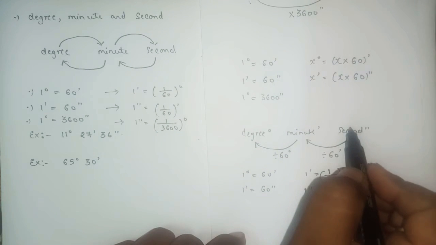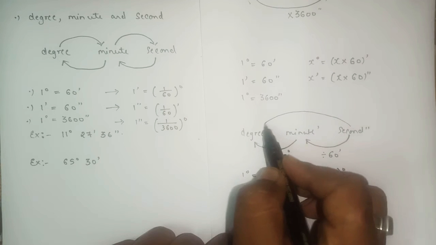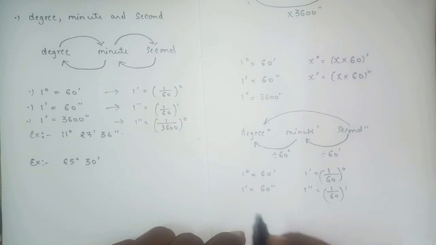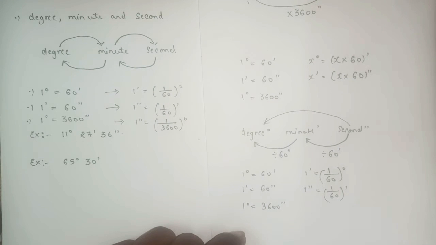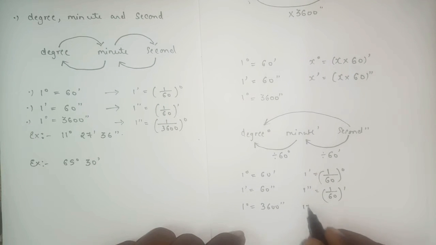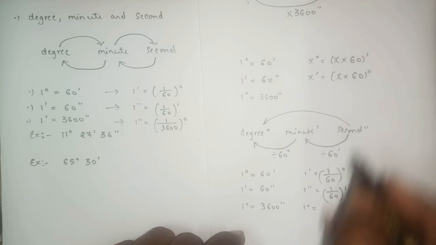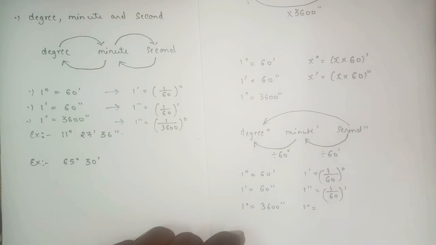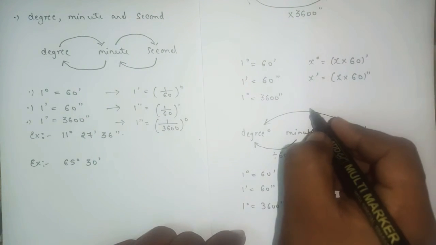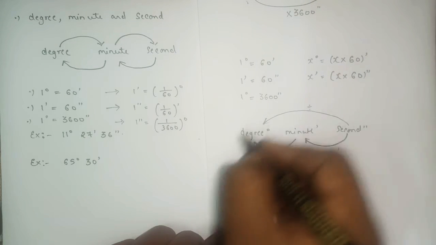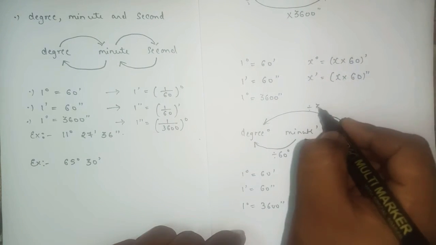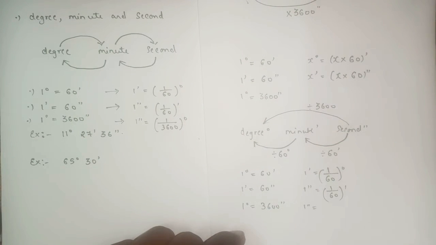Suppose if you want to convert second directly to degree, we know that 1 degree is equal to 3600 seconds. So 1 second will be equal to what? Directly if you want to convert second to degree, as here we are multiplying, when it comes back in the reverse process, you have to divide. Yes or no?